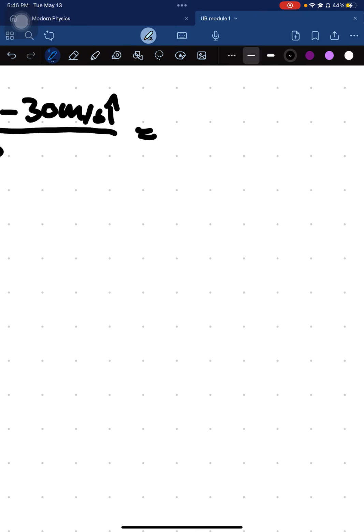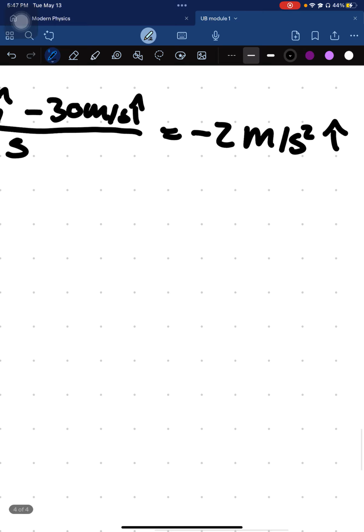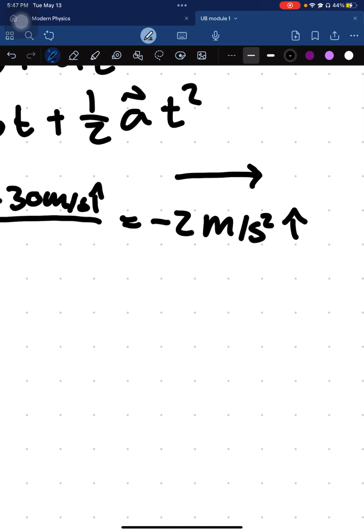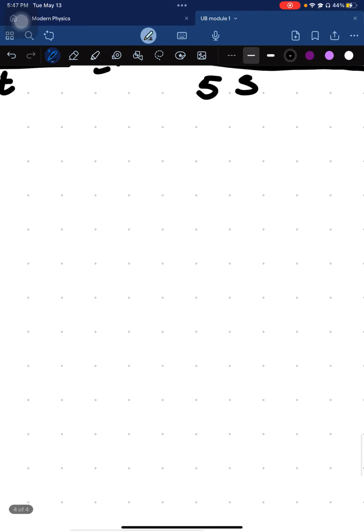And this is going to equal negative 2 meters per second squared I hat. So this is negative I hat. It's going in the negative x direction. Our velocity vector is going this way, whereas our acceleration vector is going this way. But our velocity vector is still going in this positive direction, even though our acceleration is in the opposite direction.